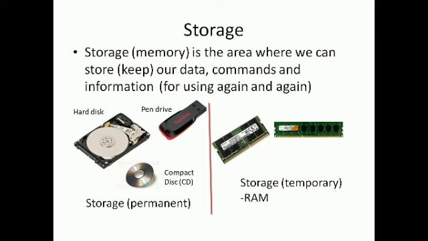That means when you switch off the power supply, the data stored in temporary storage will be deleted. Here you can see some permanent storage devices: hard disk, pen drive, compact disk. Temporary storage is RAM, random access memory, or the computer's primary memory.